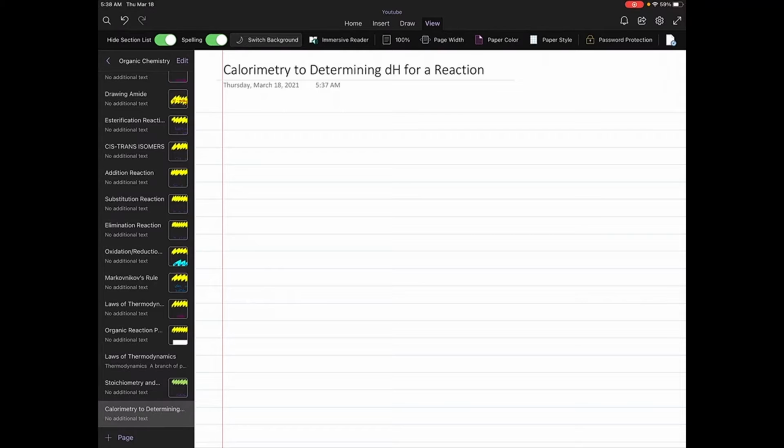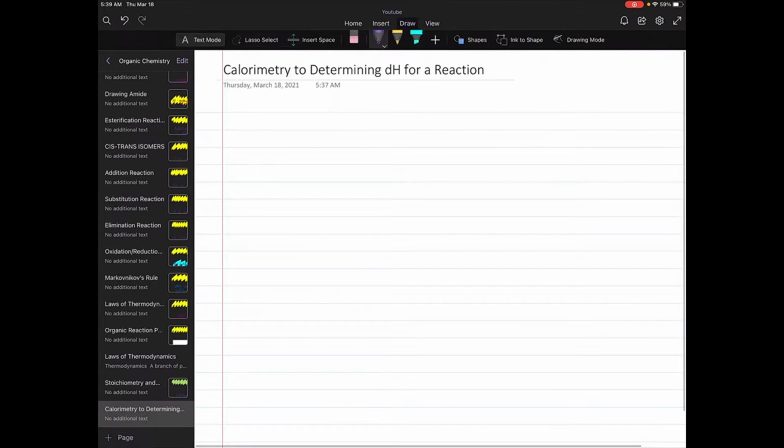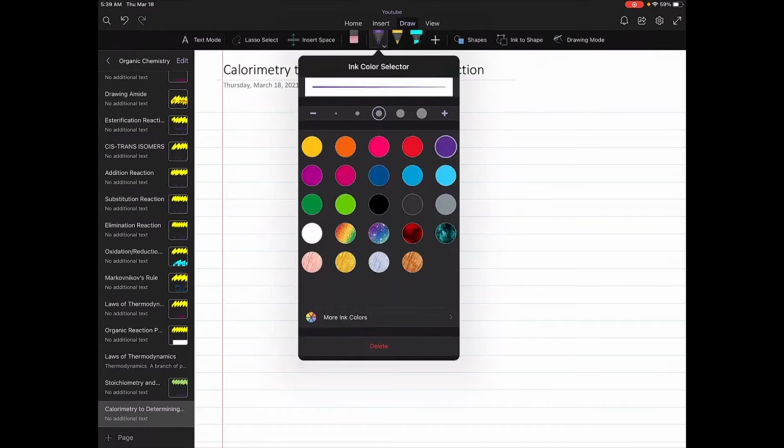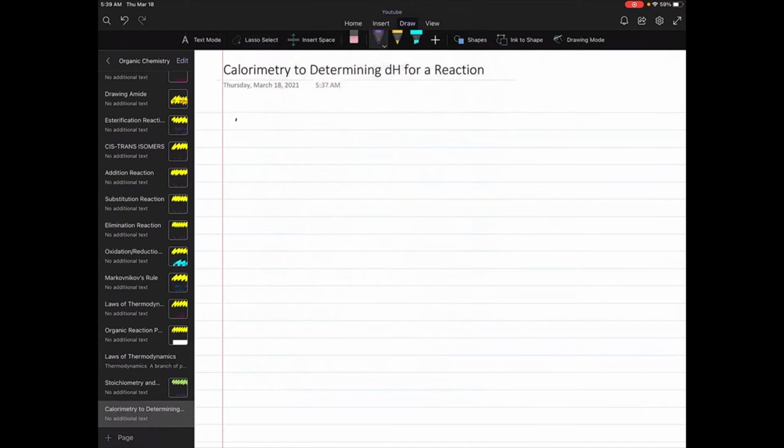In this question, it says a chemist wants to determine the enthalpy of neutralization.